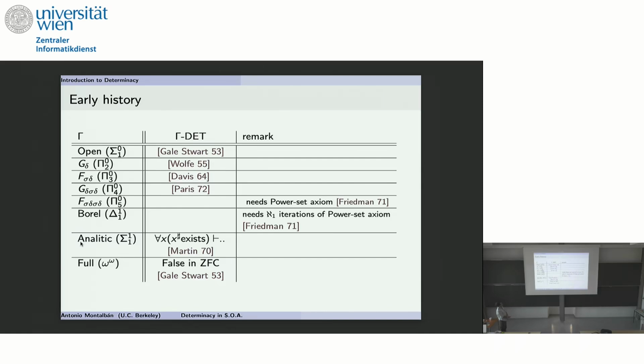And then around the same time, I guess the years are the publication years, so I don't know the history of exactly what came first, Harvey Friedman shows that for Pi^0_5 determinacy, you need to use the power set axiom at least once. So you need an uncountable set in the proof.